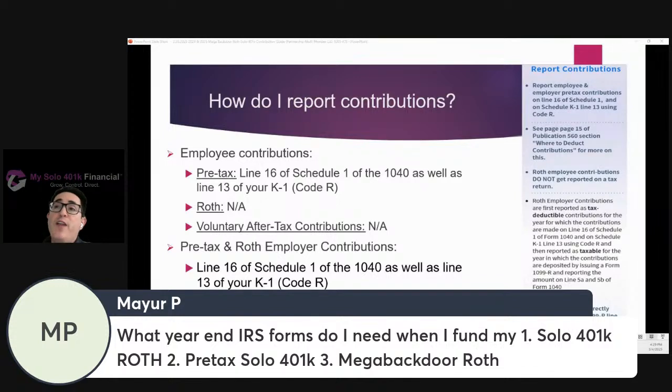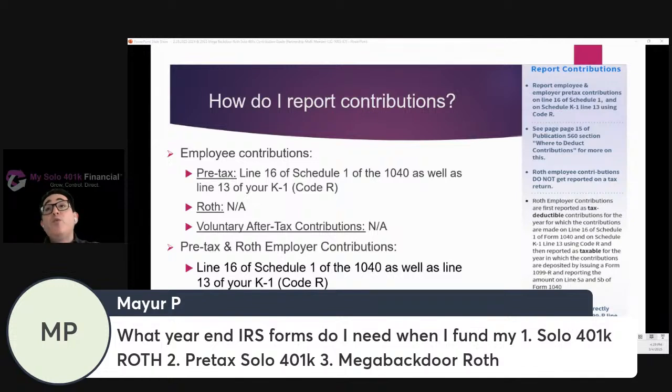Form 5498 does not apply to a solo 401k. A solo 401k can't file a Form 5498, and there's no analogous form. So contributions are not reportable. Whether one makes pre-tax solo 401k contributions, Roth solo 401k contributions, or voluntary after-tax contributions, none of those contributions are reportable by the plan.